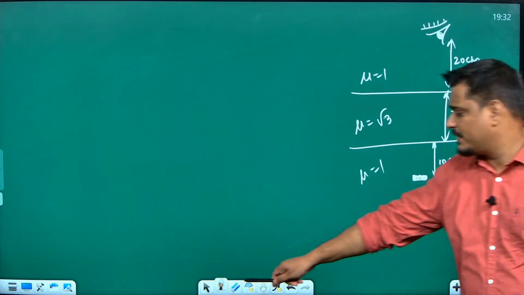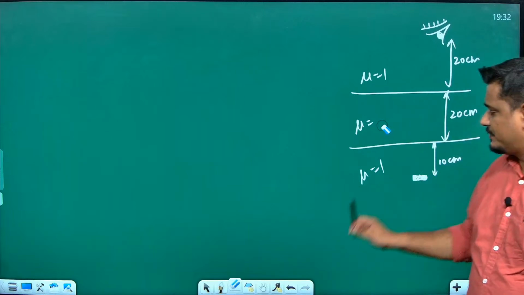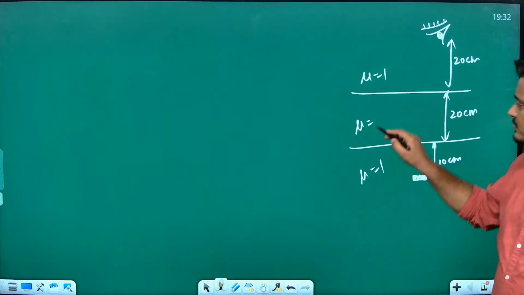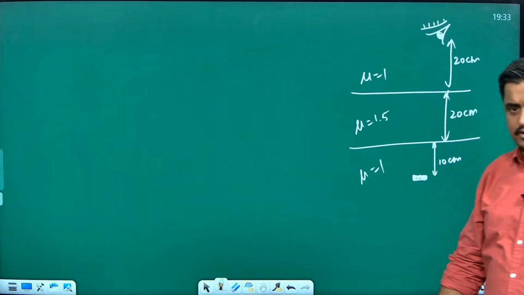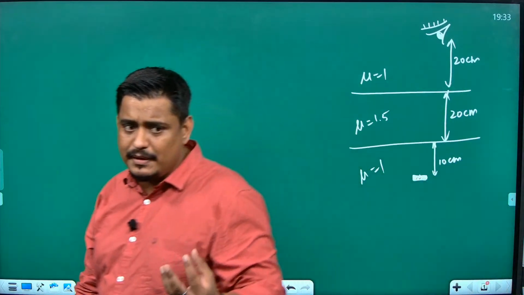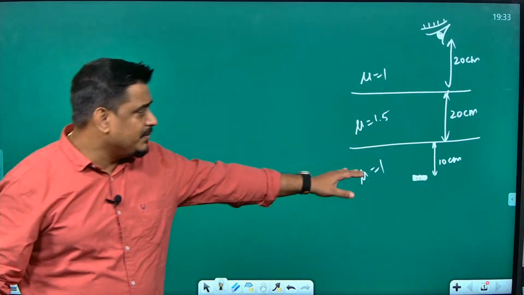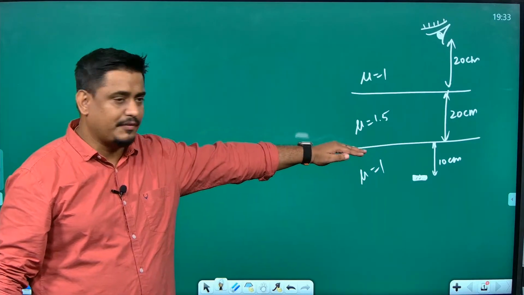For making it a little simple, let me take root 3 as 1.5, whatever it may be. So, is the question clear to you? The condition is, there are 3 mediums. The topmost medium has a refractive index of 1, the second medium has a refractive index of 1.5, and the third medium has once again a refractive index of 1, and there is a coin kept in the third medium 10 centimeter below the interface.